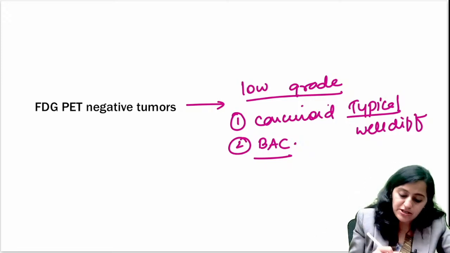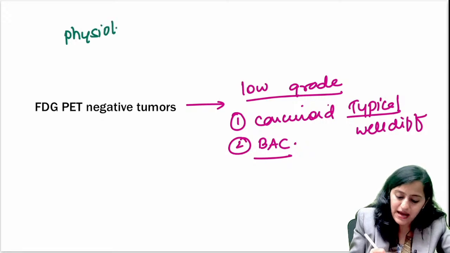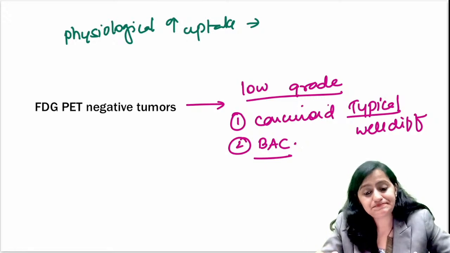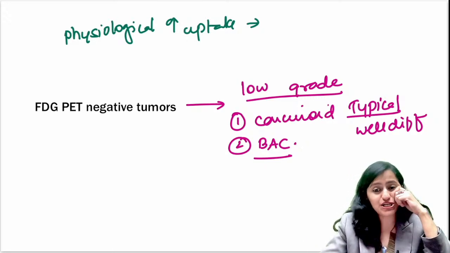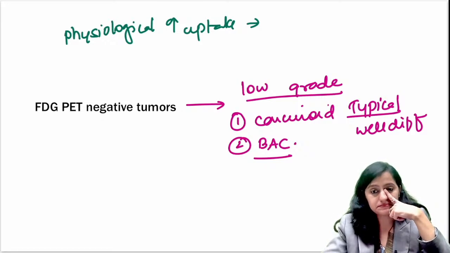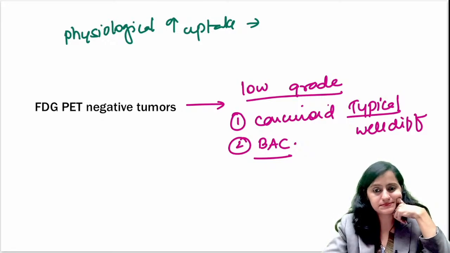Can you tell me where in the body you can have physiological increased uptake in PET? Physiological increased uptake in PET can be seen in what area in the body? Brain.